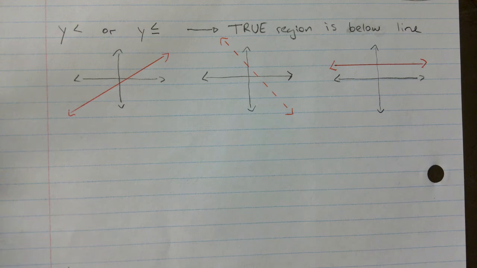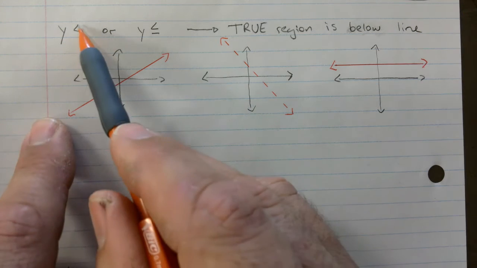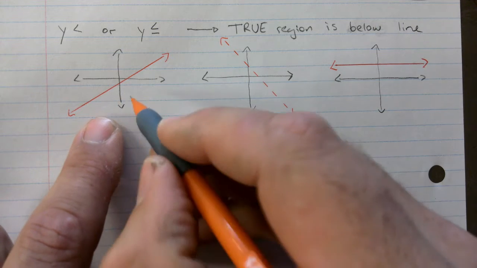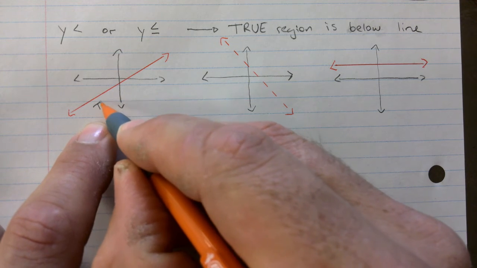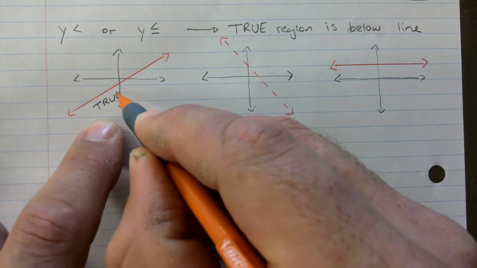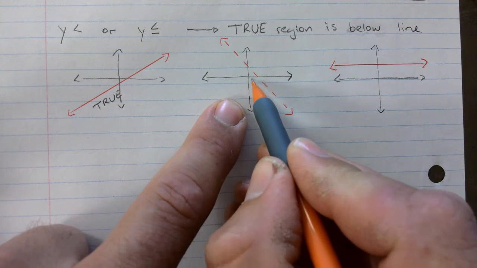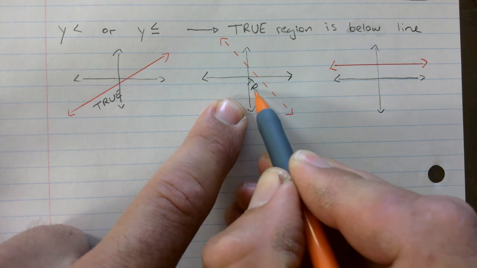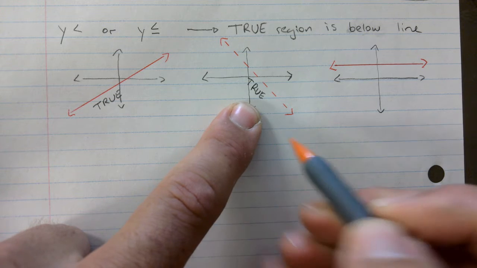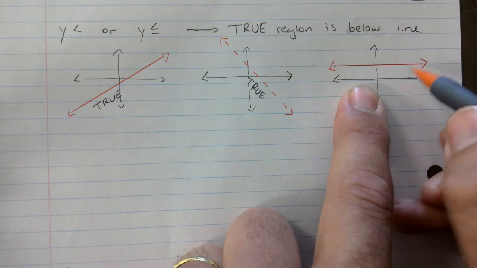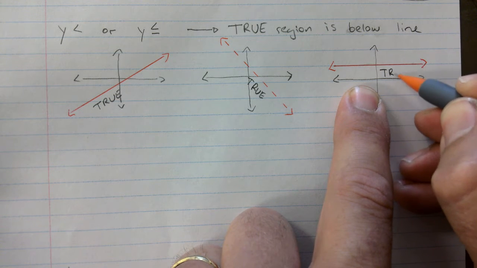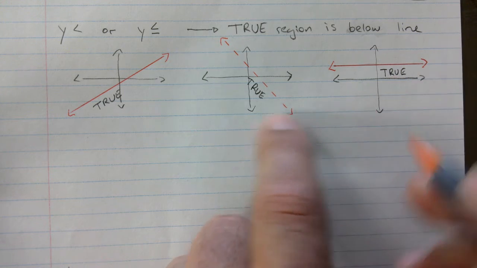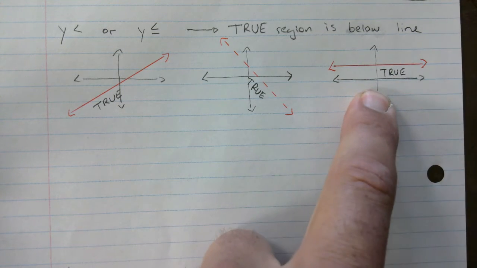Okay, so in each one of these, once you determine the boundary line, when you see less than, then you know that the true is below. You look at this line, and this is below right here, so the true is here. And on this horizontal line, the true region would also be below. So no matter which way it's pointing, it's always below the line.